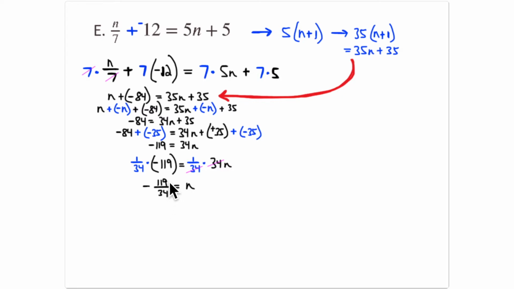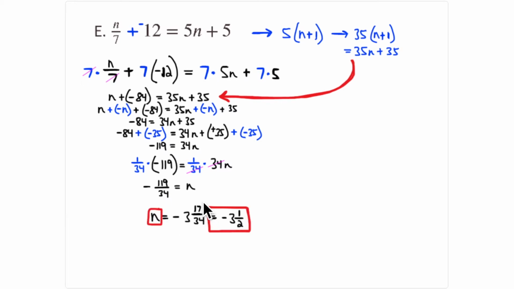That gets you pretty close to 119. 3 times 34 is going to be 3 more than 99, or 102. And what do you have left over? You're going to have 17 34ths left over. So you're going to have 3 and 17 34ths. So 3 times 34 is 102, then another 17 gets you up to this 119.